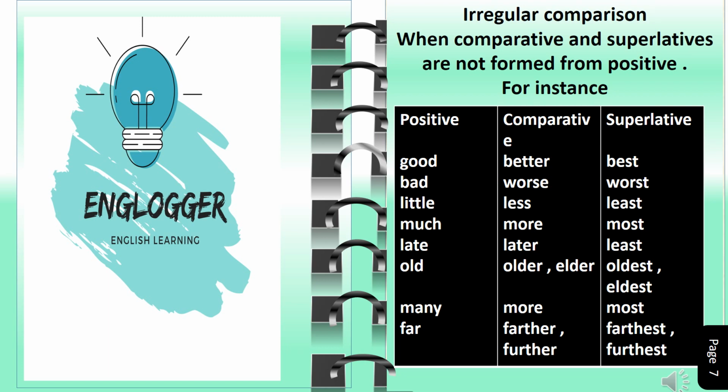For instance, good, better, best; bad, worse, worst; little, less, least; much, more, most; late, later, latest; old, older, oldest, and elder, eldest; many, more, most; far, farther, farthest, and far, further, furthest. These are the examples, and many more are there. When you are not using the positive degree to make the comparative and superlative, these are the examples of irregular comparison.